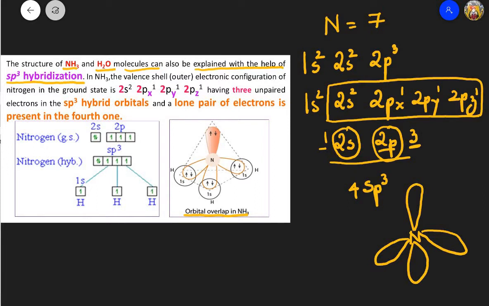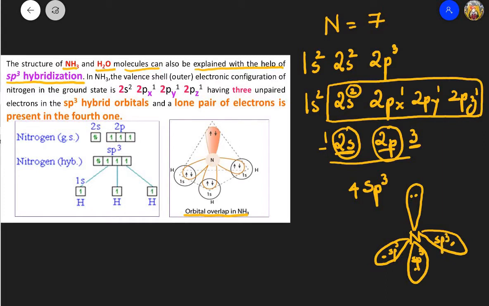And as I have told you, the 2s orbital is undergoing hybridization, so it contains 2 electrons, right? So these 2 electrons will be present in one of the lobes, and the remaining 3 sp3 hybrid orbitals will have 1 electron each, right? So this is sp3, similarly this is sp3, and this also is sp3.